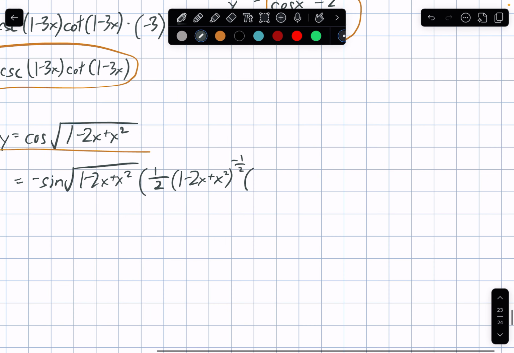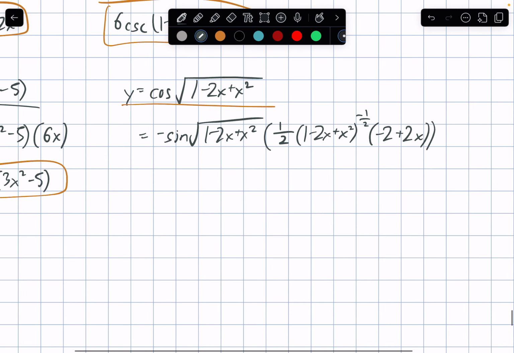And the derivative of whatever is inside the radical sign is going to be negative 2 plus 2x. Am I doing it right so far? Something doesn't look right.